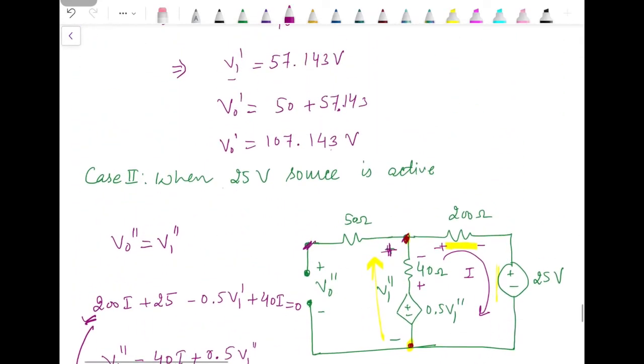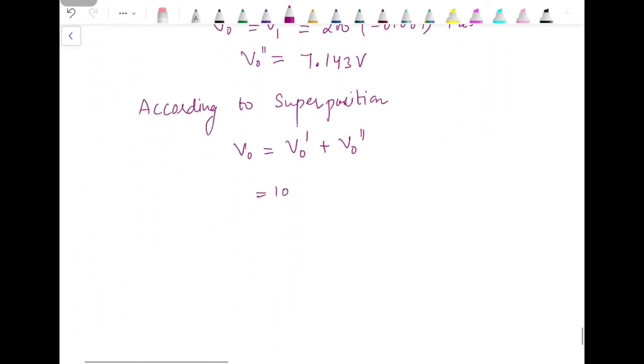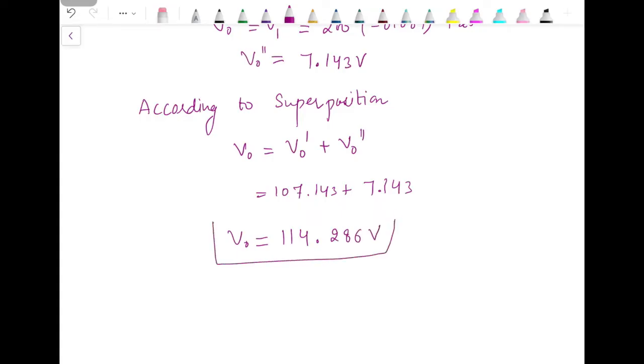We got the value of V naught dash as 107.143 and V naught double dash as 7.143. So the answer for V naught is 114.286 volts.